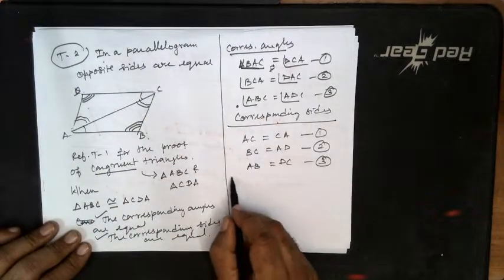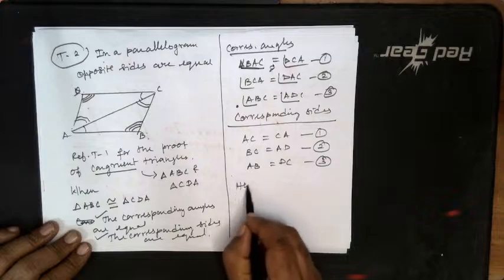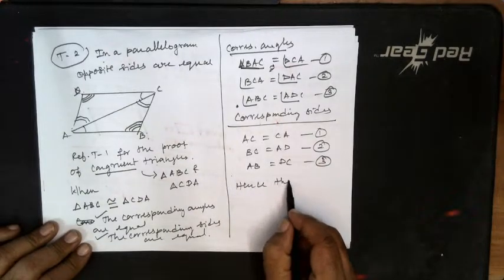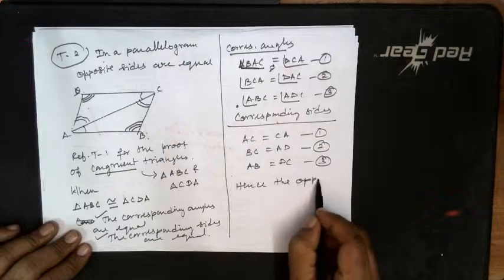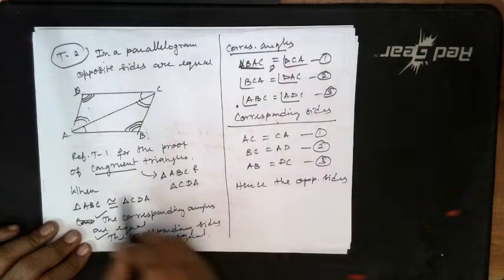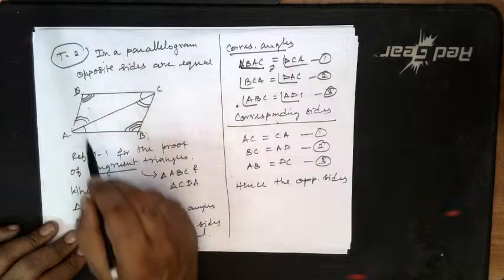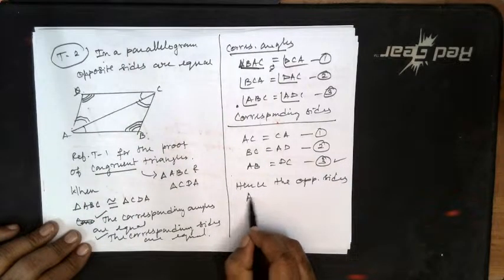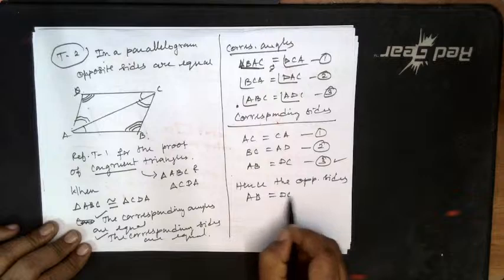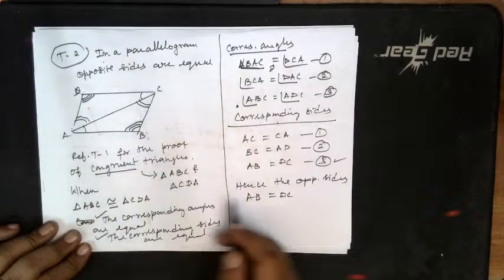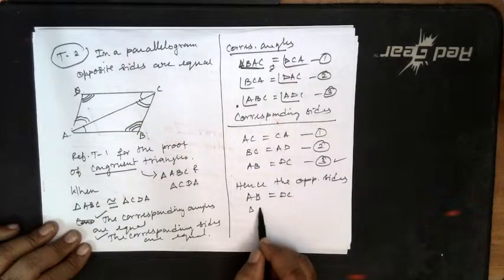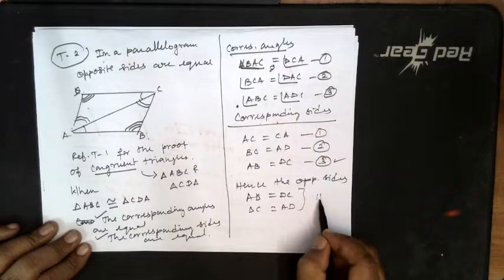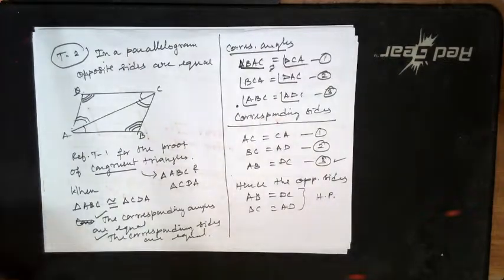So which are opposite? AB, DC are equal, and BC, AD. Hence the proof. Okay.